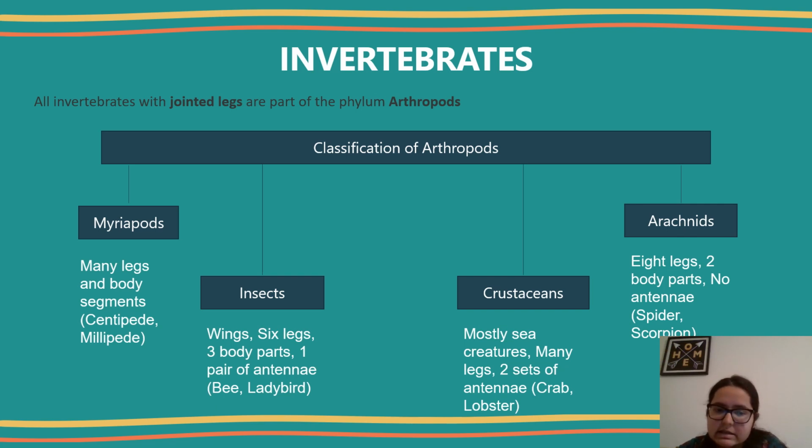Then we have insects which have wings, 6 legs, the body is divided into 3 segments, 1 pair of antennae. Example could be a bee. Then we have crustaceans. These are mostly sea creatures and they have many legs, 2 sets of antennae. Example could be a crab. Then arachnids, 8 legs, 2 body parts, and they do not have antennae. Example could be spider.